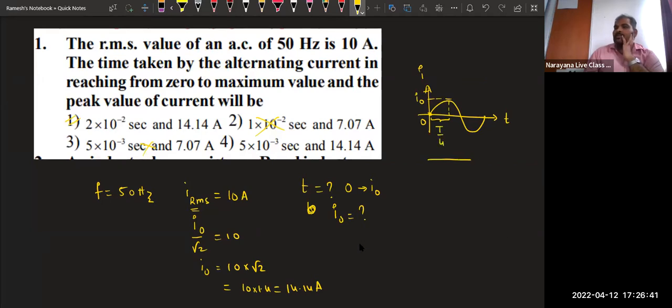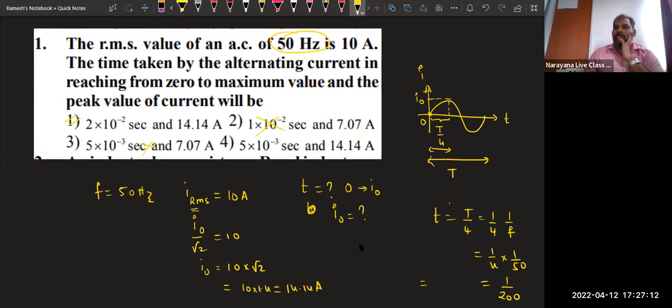The total time taken to produce one full cycle is capital T. What is the time taken here? T by 4 only. So the time taken is 1/4 of the time period. But the time period is not directly given, it is indirectly given. That is 1 by frequency, I can write. 1 by 4 into 1 by frequency. The value is 1 by 50, so 1 by 200 means how much?